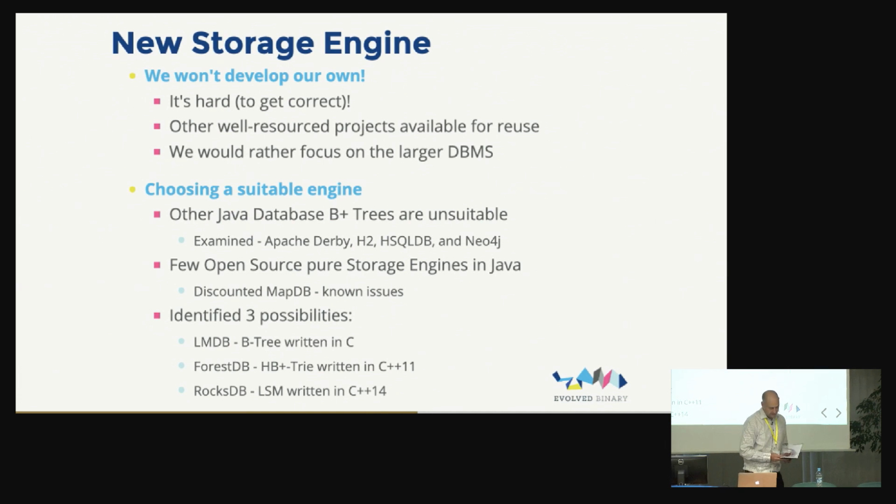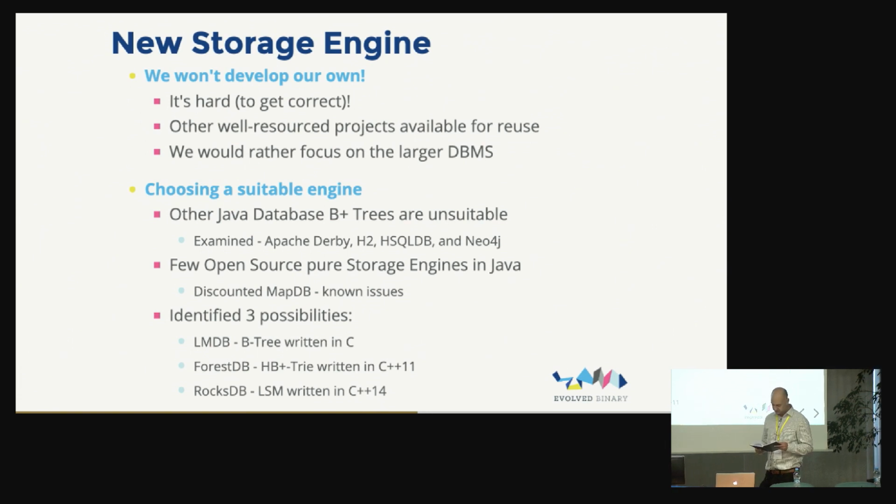So having decided we're going to throw that away, we decided, OK, we've got to build this new storage engine. But we could build our own, but that's kind of hard. Lots of people have gone before us and not done a very good job at it. And this isn't just a reflection on exist-db.